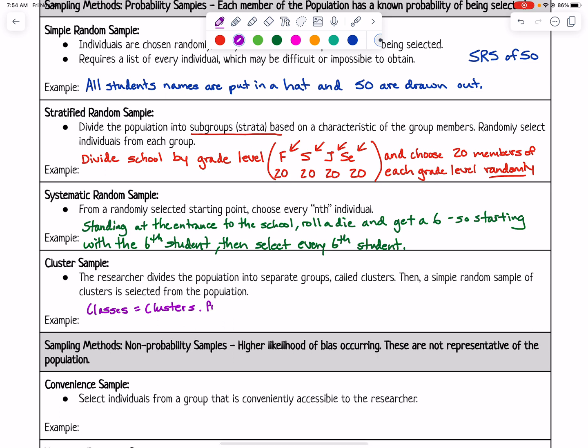And then put all the classes in a hat or in a list and randomly choose 5 classes and select all students in those 5 classes.